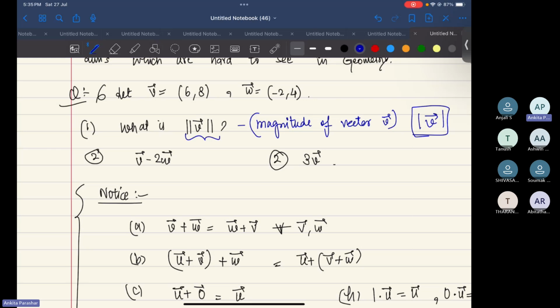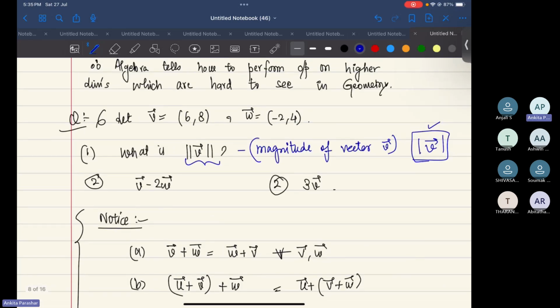Are you guys with me? Are you following? Yes, ma'am. Okay. So what I mean is the magnitude of vector v, however you write it, either one time modulus or two times. So what is the modulus of v where v is 6, 8? Can you tell me?